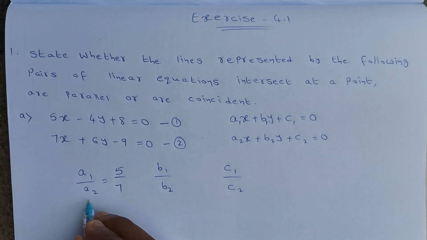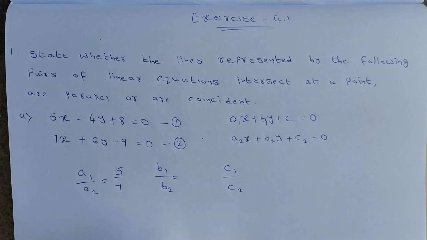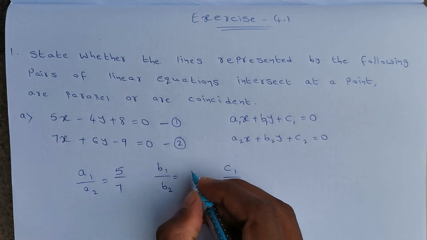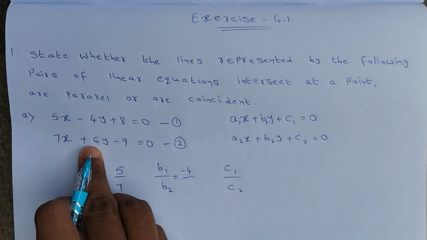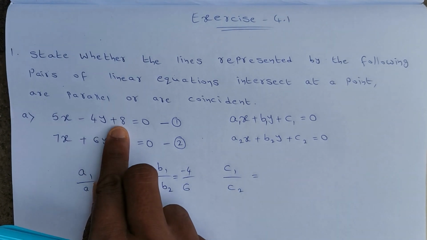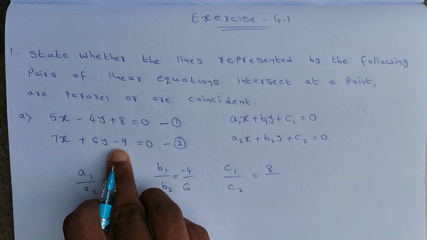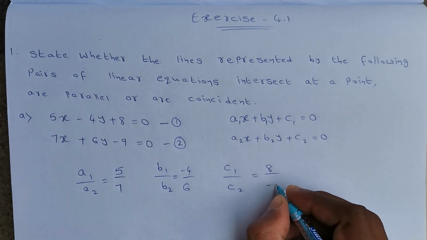So a1 by a2 we got 5 by 7. Next b1 by b2, here it is minus 4 divided by plus 6. And c1 by c2, c1 is the constant 8 divided by c2, the constant in the second equation, minus 9.